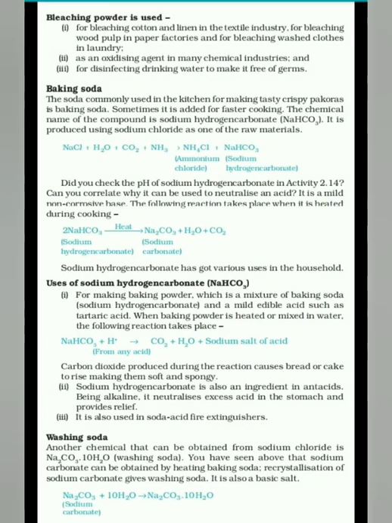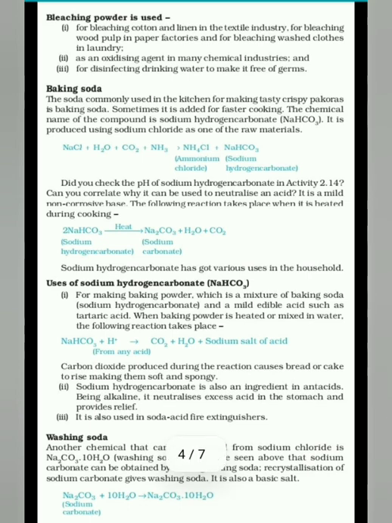Next is baking soda. It is commonly used in kitchens for making tasty crispy pakoras. Sometimes it is added for faster cooking. The chemical name of this baking soda is sodium hydrogen carbonate having formula NaHCO3. It is produced using sodium chloride as one of the raw materials.